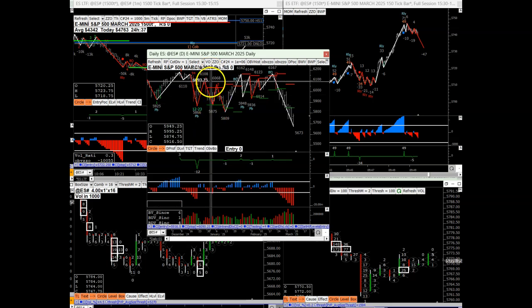As it goes and drives another low, it's less volume. As it goes and tries to drive another low, it's less volume and below average. And what does this lead to? A reversal. So this is on a daily chart.